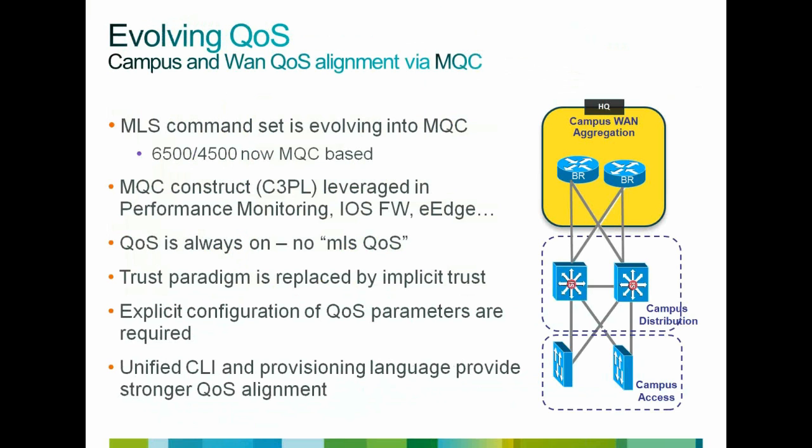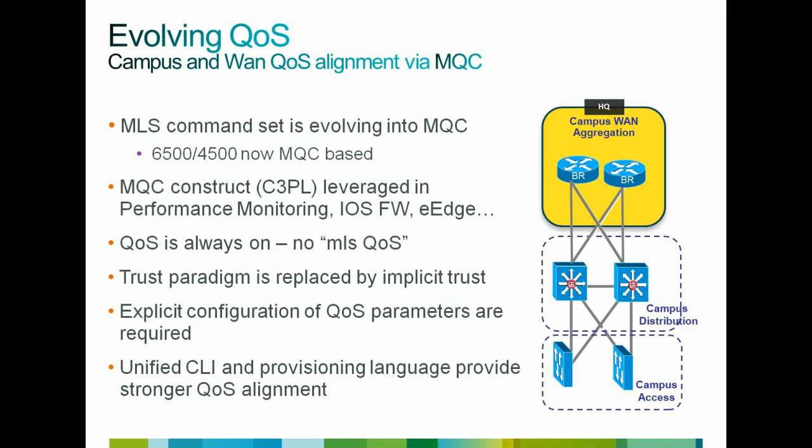Now, the last thing I want to talk about in this section is campus and WAN alignment via MQC. So one thing internal to Cisco with quality of service has always been that we expose the ASICs because we want customers to get as much out of the ASIC as possible based on feature sets and configuration capabilities.